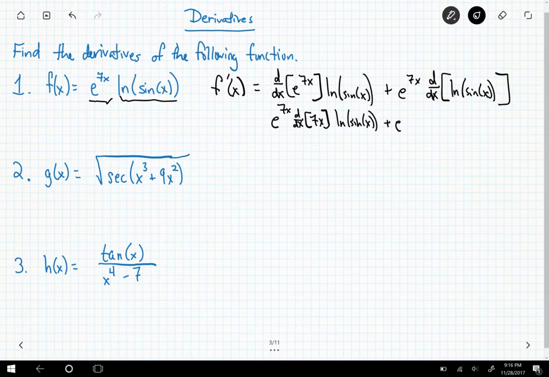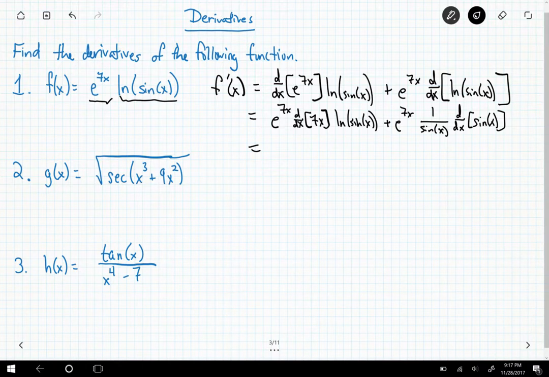Plus our second case is e to the 7x, and then the derivative of natural log of sine of x goes 1 over sine of x, times, using the chain rule once again, the derivative of sine of x. Okay, so now we have an equals there.